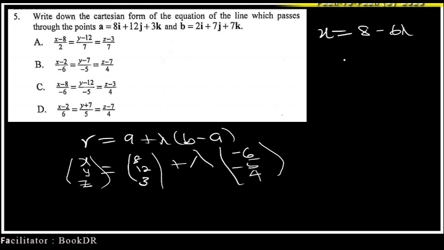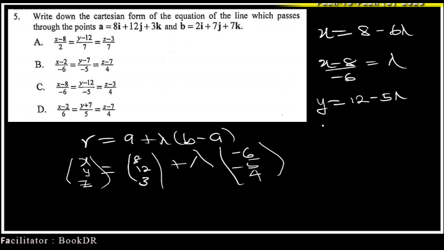Then making lambda the subject, we are going to have x minus 8 over negative 6 is equal to lambda. Then with the y component, y is equal to 12 minus 5 lambda.